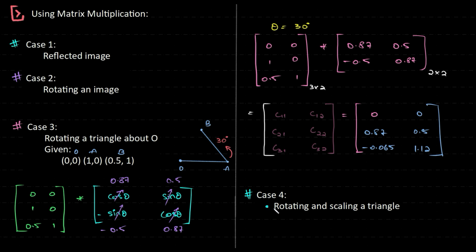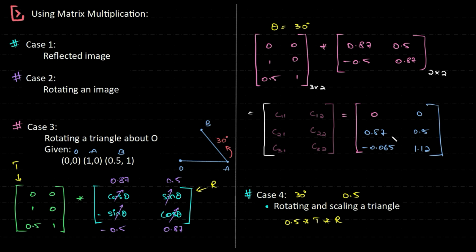Now, let us not only rotate, let us scale as well. Let's rotate by an angle of 30 degrees and scale by a factor of 0.5. So basically, if I take this as matrix T and this as R, we are doing 0.5 times T times R. So I can use the commutative law, and I can multiply 0.5 with this or so on and so forth.